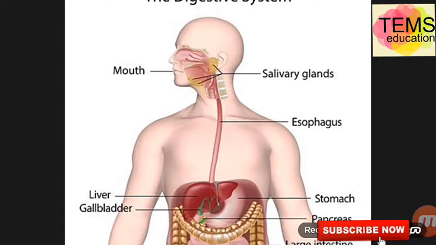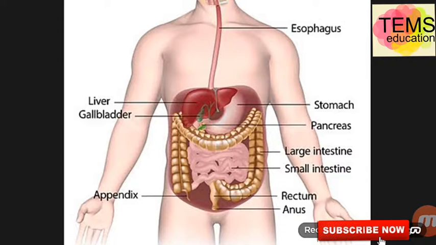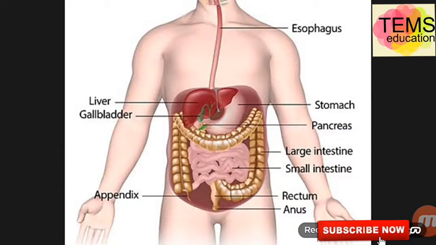The GI tract is a series of hollow organs joined in a long twisting tube from the mouth to the anus.